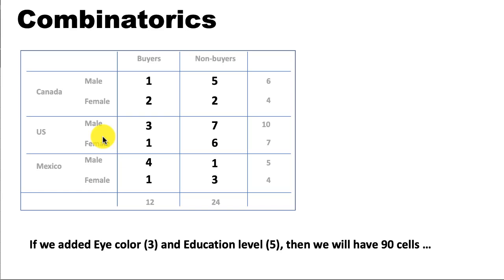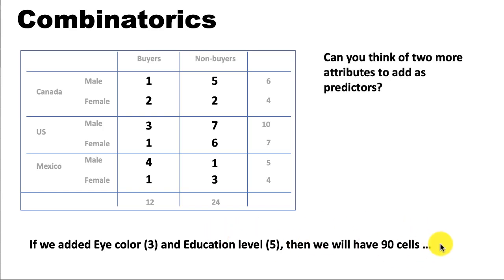For every combination you want to have a reasonable number of cases so that any predictions you make from that are reasonable. If the number is too small, then your predictions won't be reliable. So what you're seeing here is that as you keep adding more and more attributes, the number of different combinations tends to explode.